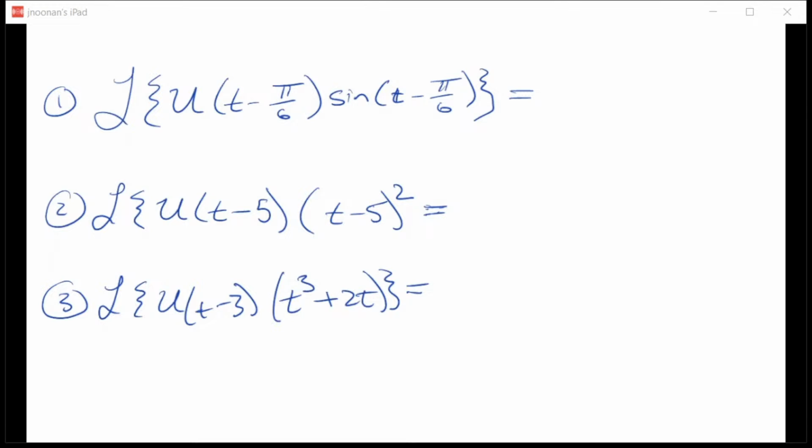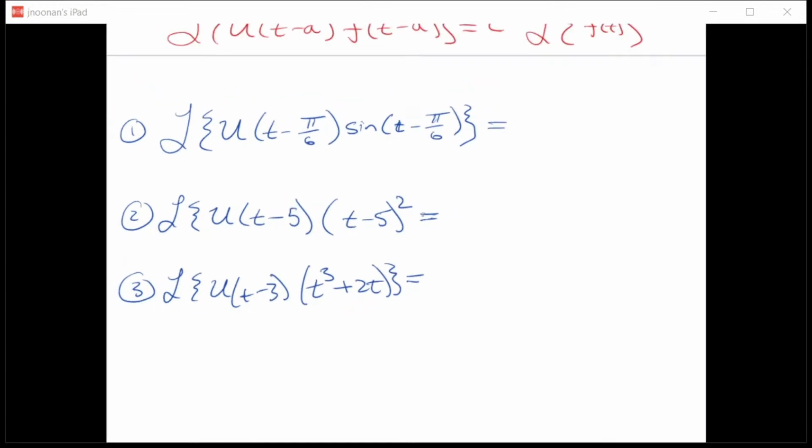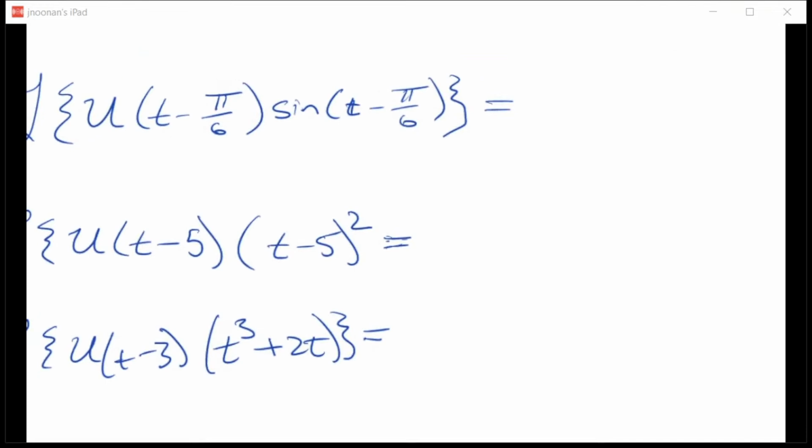At any rate, let's go ahead and see how we do with this. That person isn't even here, so I'm going to try another one. Jackson's here. Jackson, what do you think of this first one? Were you able to come up with the Laplace transform of this thing? E to the pi of 6s times... Very good.